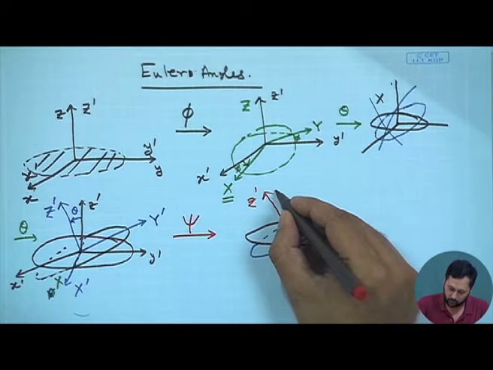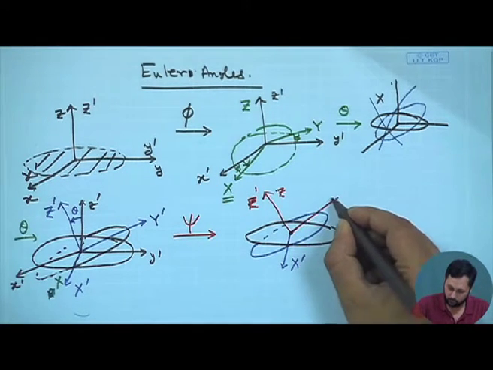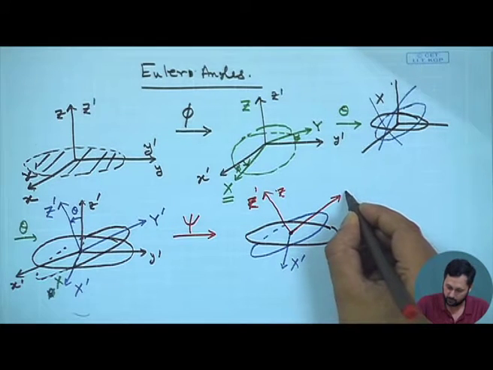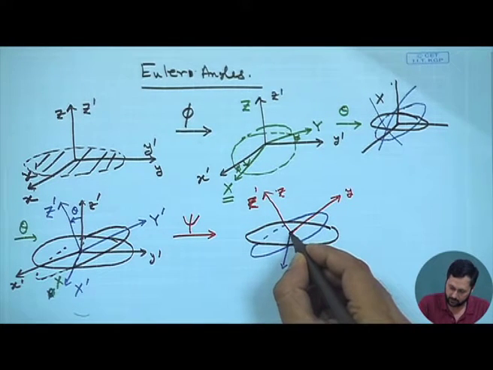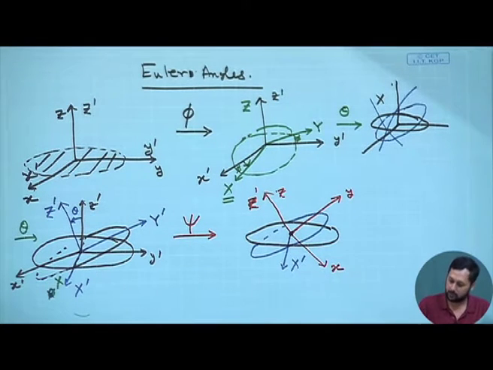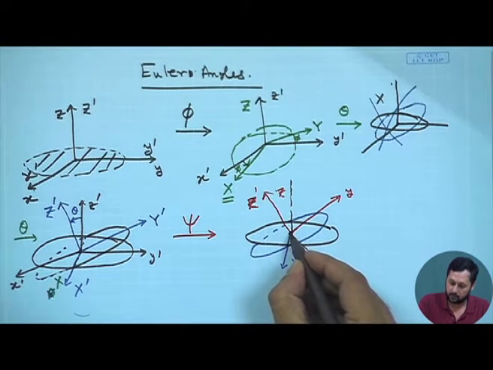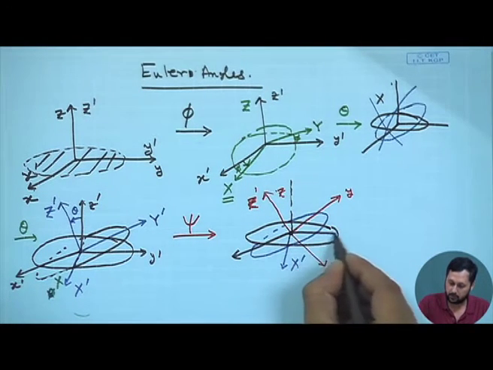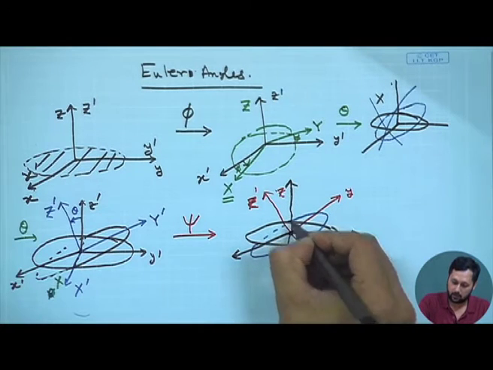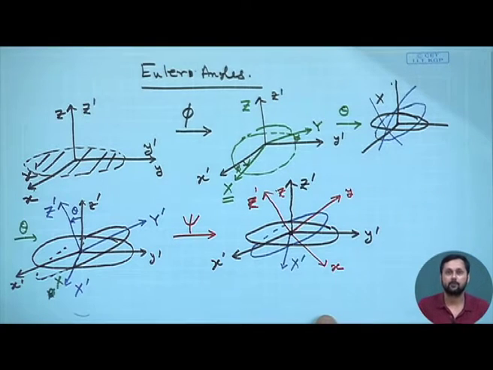Now it will go to small z, and my new y will be small y and x will be small x, right? And the original position is x prime, y prime, z prime, right?